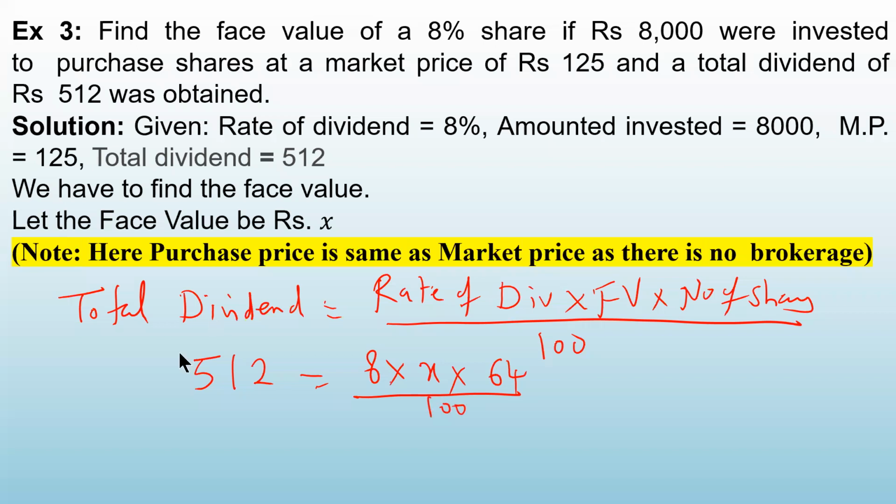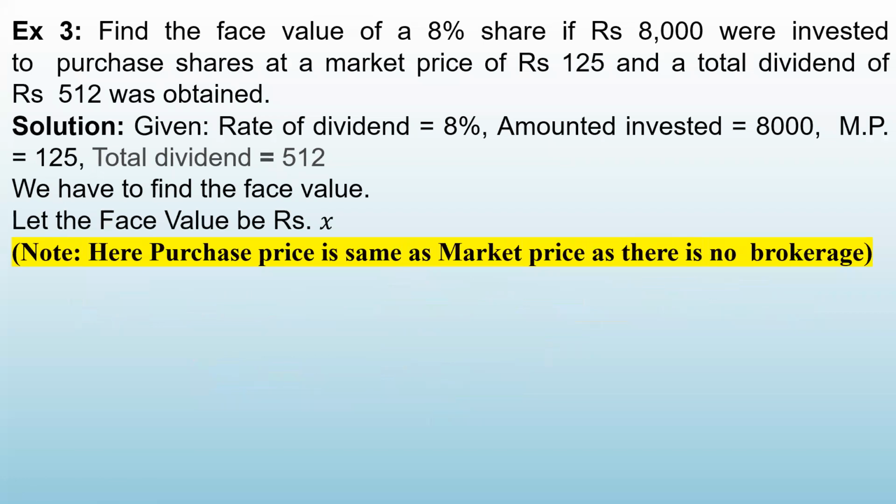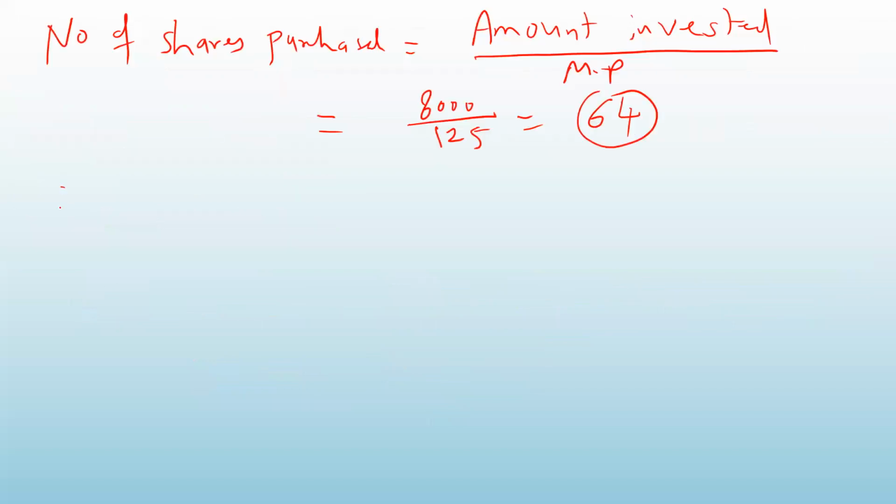Now this problem is similar to the previous problem. You have to solve this equation and find the value of X. So let me write this down: 512 equal to 8 into X into 64 divided by 100. I am continuing this from the previous slide.